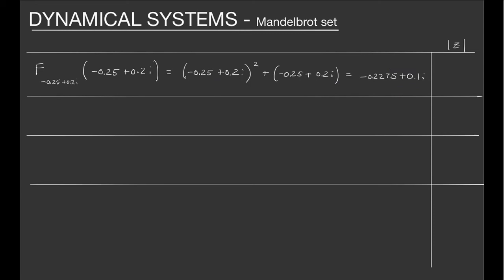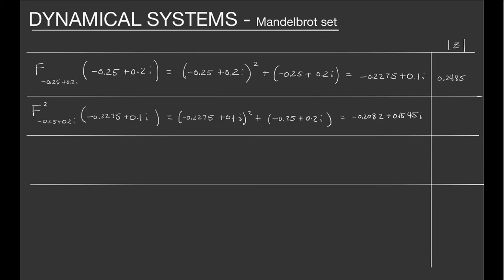And now if we take the modulus of this complex number, we get this here. Continuing with this function, but now substituting in this value, we get the following. So we substitute in a new value, which means we square that value, but we still add the value we started with, which is here. We get this computation, and taking the modulus, we get this.